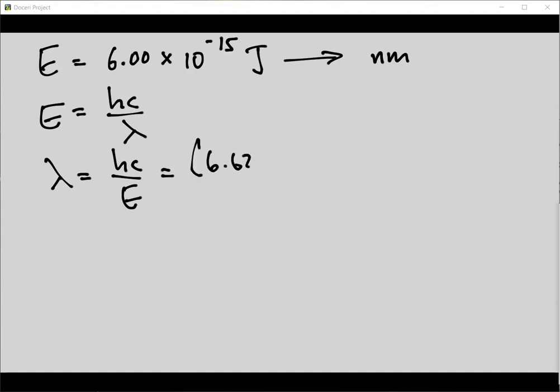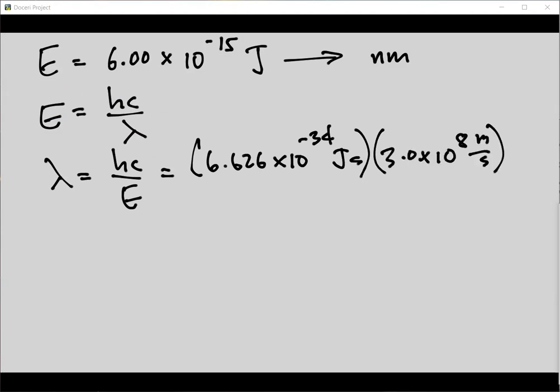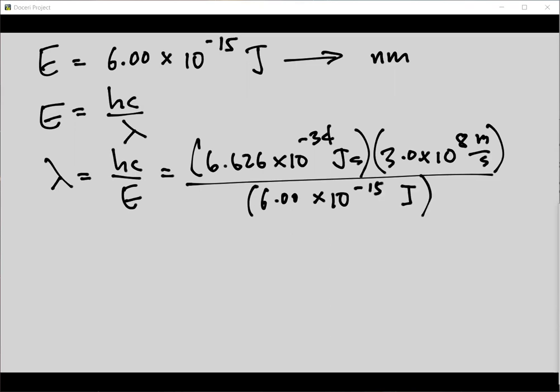It's 6.626 times 10 to the negative 34th joules seconds, and you multiply this by the speed of light, 3.0 times 10 to the 8th power meters per second, and you divide this by the energy that's given, which is 6.00 times 10 to the negative 15. So let's plug this into the calculator, 6.626 times 10 to the negative 34th power, multiply that by the speed of light, and divide that by 6 times 10 to the negative 15.